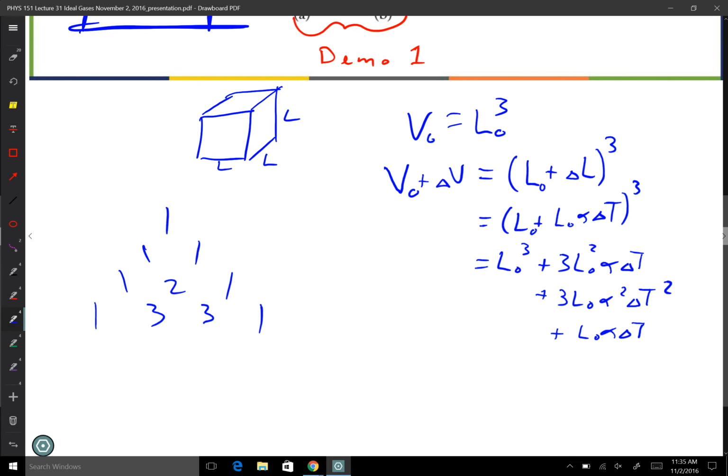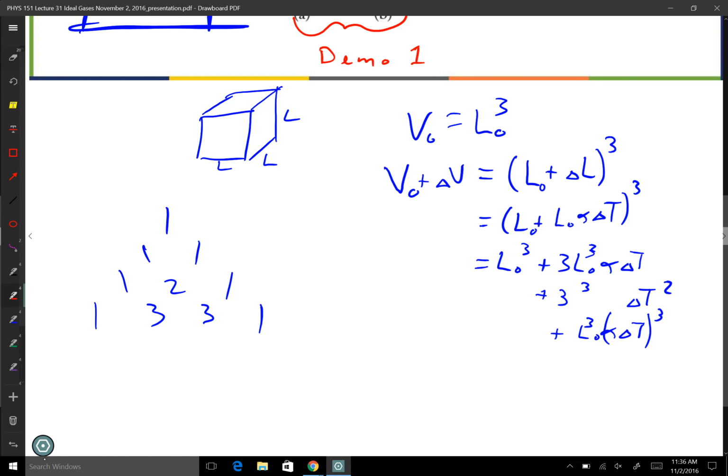Okay, there's going to be L naught cubed in each one of these. Multiplying that through, since alpha turns out to be a really small number, alpha squared is really, really small. And so we say alpha squared and alpha cubed, those are negligible in size.